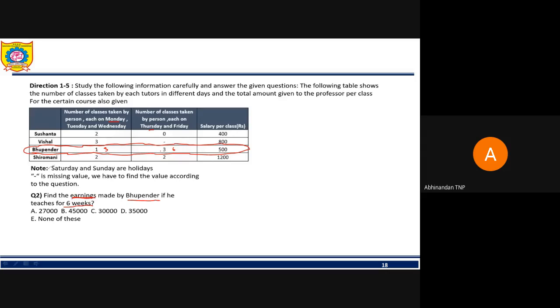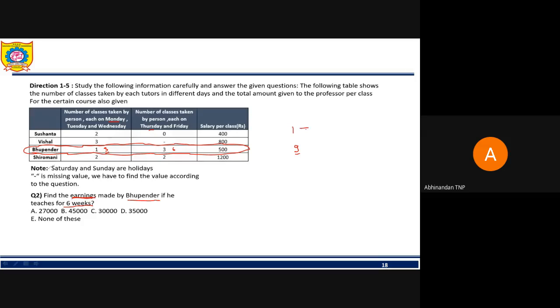So the total lectures Bhupender has conducted in a week is 9, because each day here we have 3 plus 3 it is 6, and here each day it is 1 plus 1 plus 1 it is 3. The total lectures Bhupender has conducted is 9.